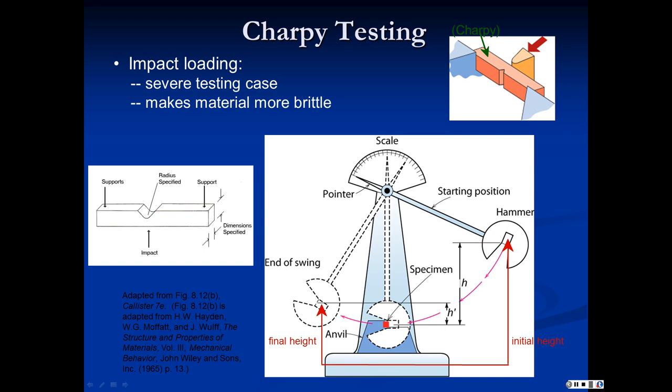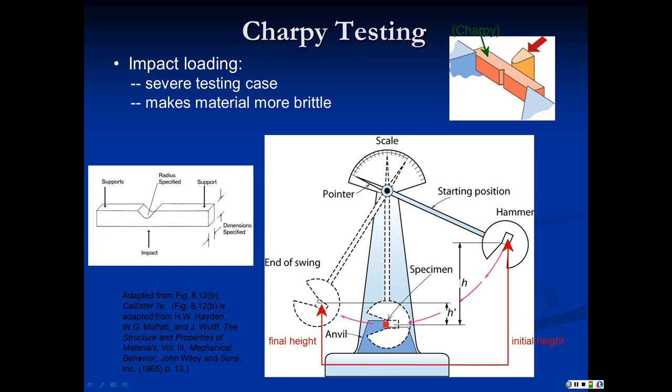And then you use actually a very old design. I think Ben Franklin proposed something like this, and it predates him. We start with the pendulum at a known height. When you release it, it swings down, converting potential energy, mgh, the mass of the pendulum times g times the height, to kinetic energy.